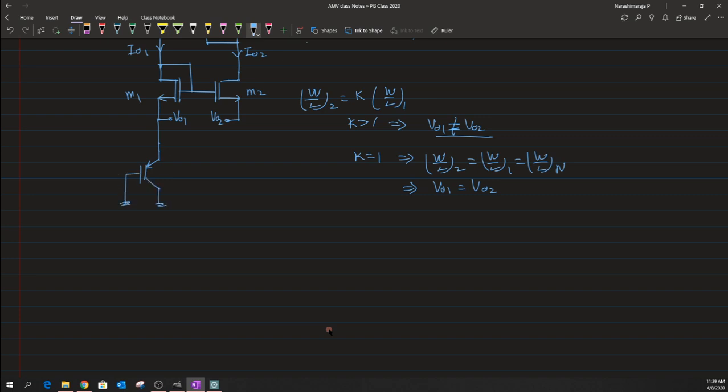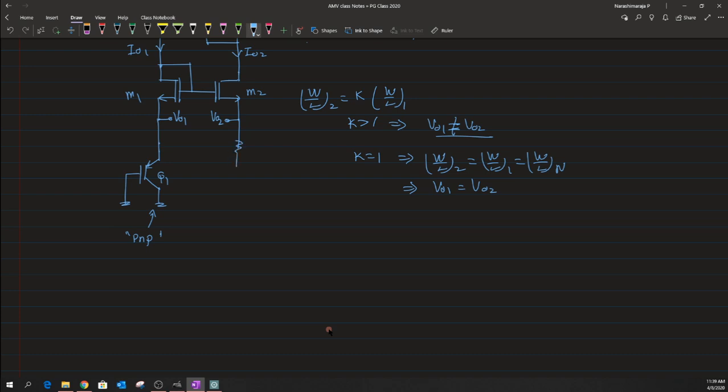The reason here is pretty simple, just because in most of the cases the PNP transistor is more compatible with the CMOS technology, and that's the reason why we went for this Q1 being replaced from NPN to a PNP transistor.